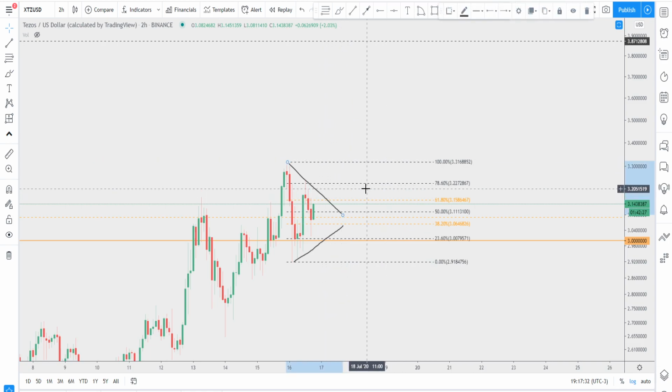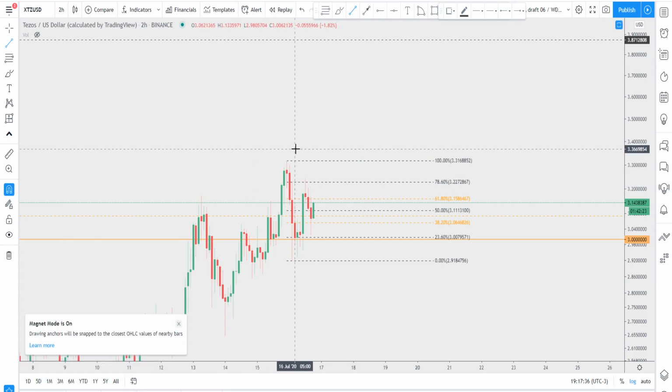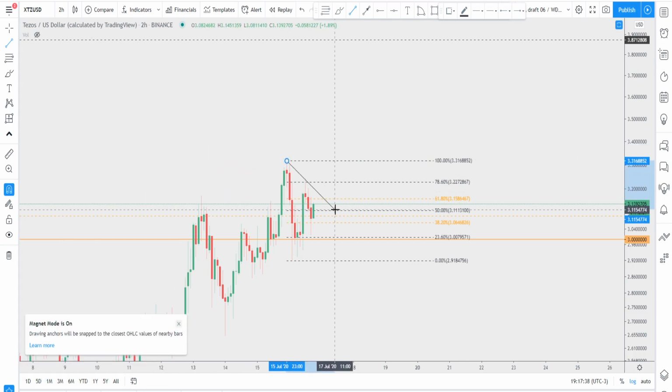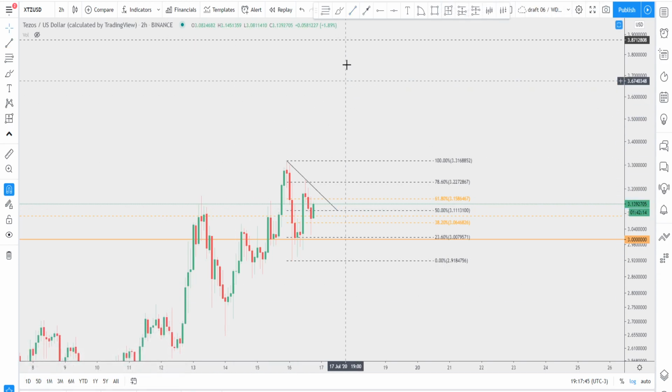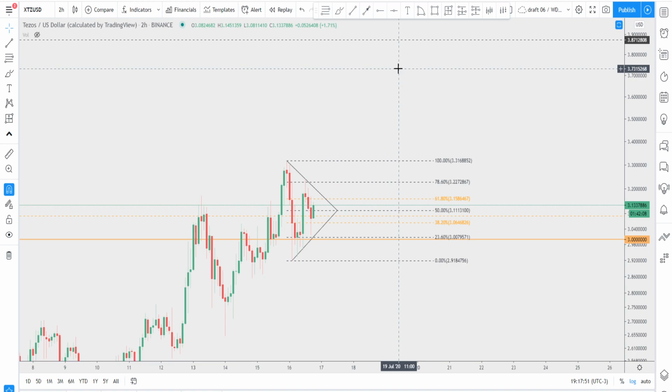Because something like this, for example, people who are not aware of the pattern system, they will draw something like this. Just give me a second. Yes, so they will make a drawing like this one, and they will say this is all the way bullish.